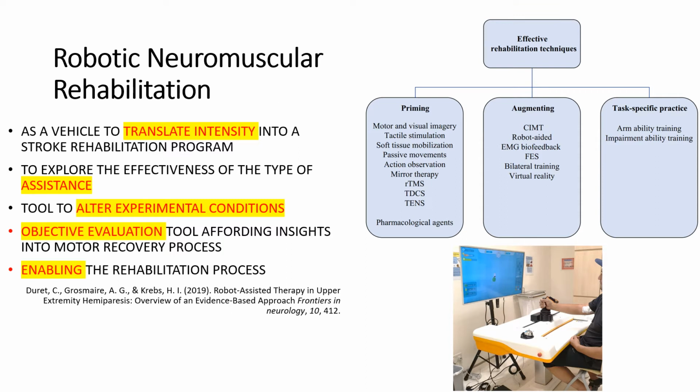It allowed for very objective and structured evaluation of task performance through the machine, which is reproducible, and it was a great enabler for the rehabilitation process. So it doesn't negate the role of the therapist, but it enables the therapist, and robotics are quite a useful tool, as has been shown in this systematic review.